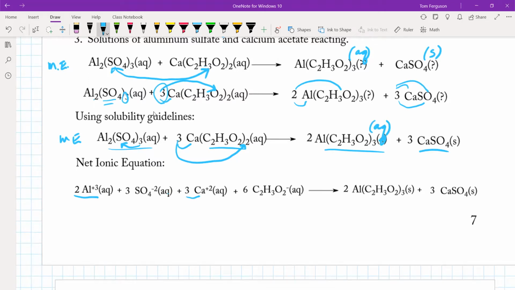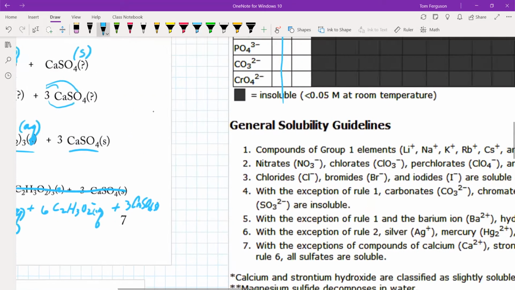Because this is aqueous, it's aqueous based on our solubility chart.